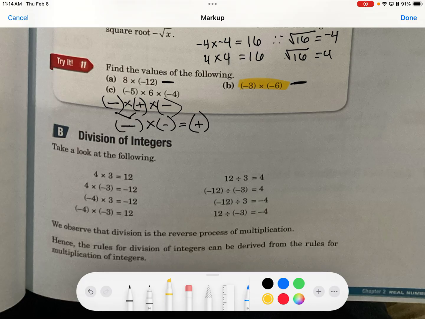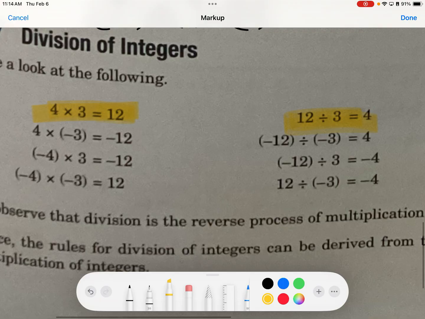Let's look over here. 12 divided by 3 is 4. So look at this. We have 4 times -3 equals -12. So if we take -12 divided by -3, we get 4. So this is the same deal.